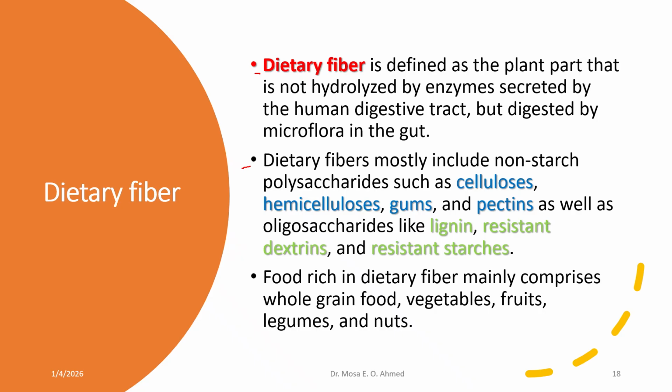Besides complex polysaccharides, dietary fiber also includes oligosaccharides, which contain a few monosaccharides, and this includes lignans and dextrin, beside resistant starches.